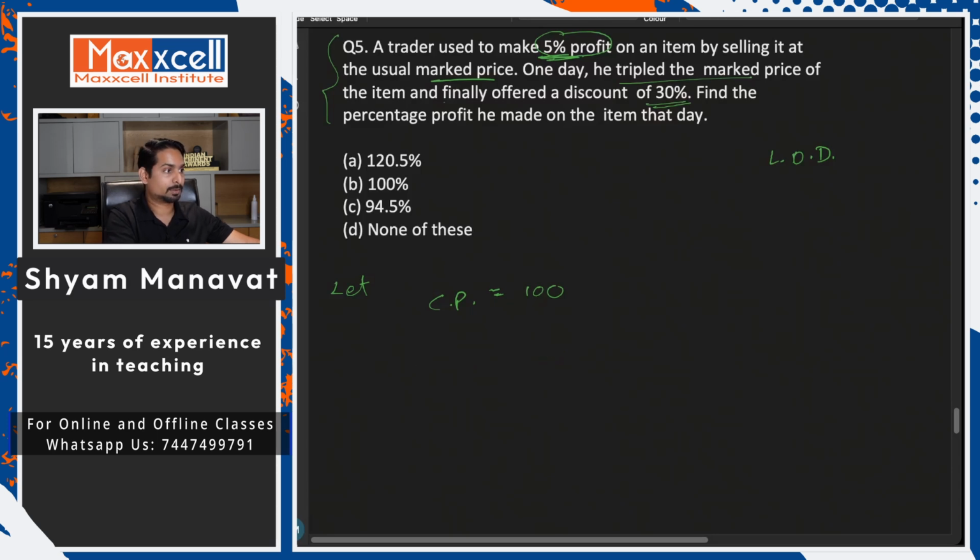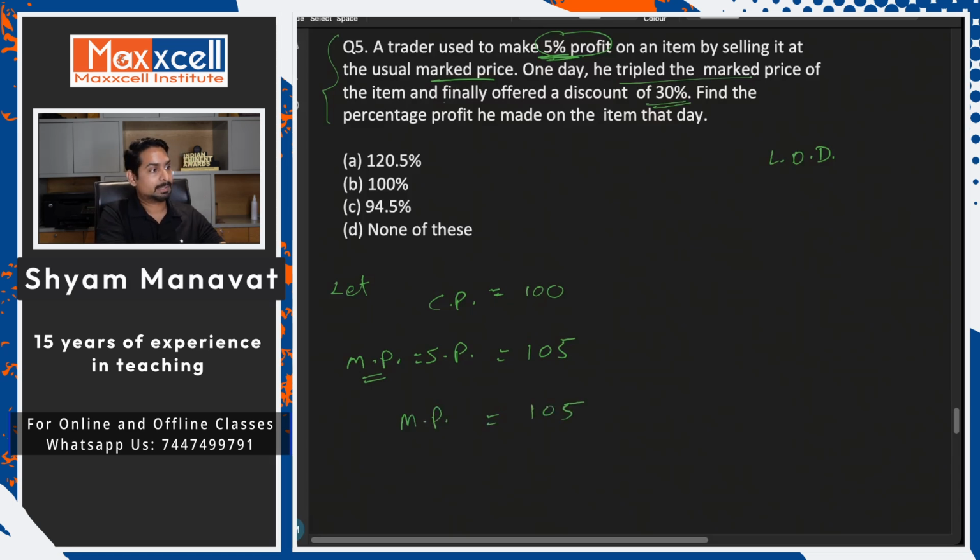The question said 5% profit. If 5% profit on 100 rupees, the selling price should be 105. Don't make me write all the steps. Now you have grown up, you have watched the concept builder videos and practiced some questions also. As per the question, this is equal to the mark price. So we now know that the mark price here is nothing but 105.